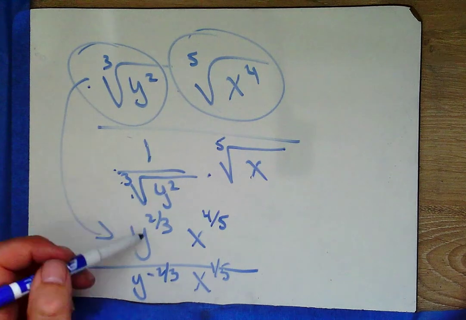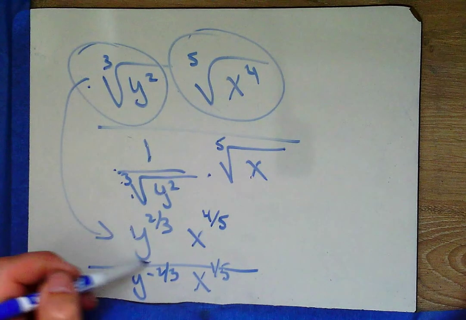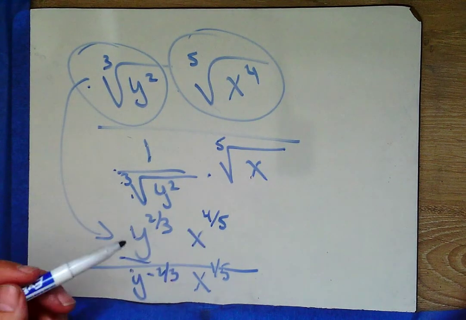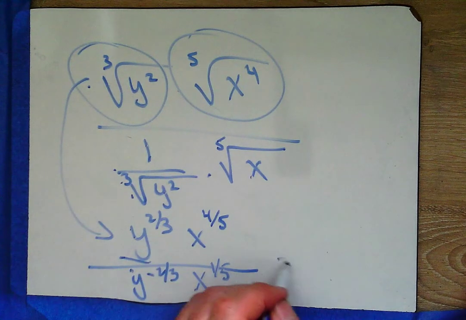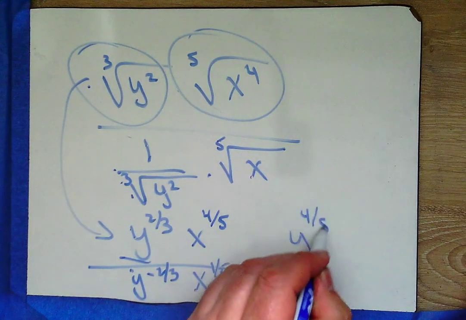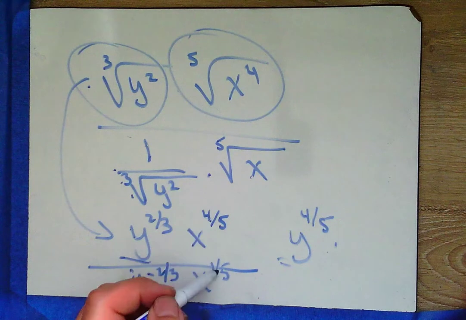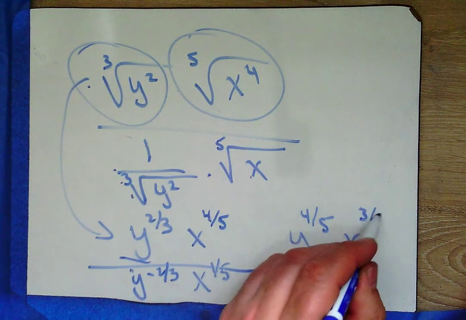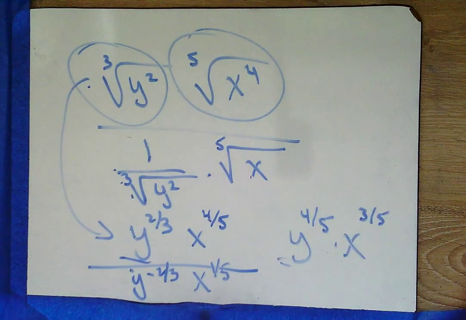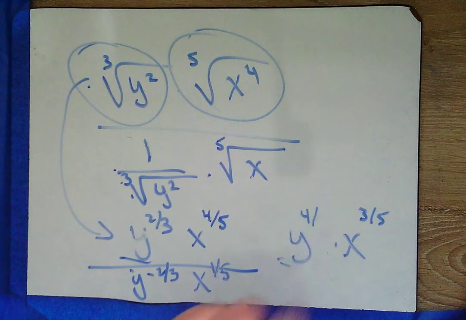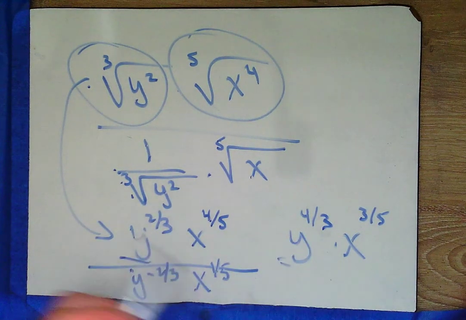Now with rational exponents and the bases are the same and I'm dividing, I just subtract the exponents. And so I end up with y to the 4/3 times this minus this, x to the 3/5. That's fast simplifying.